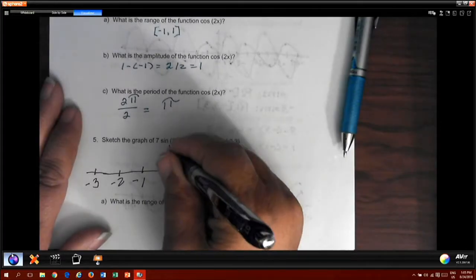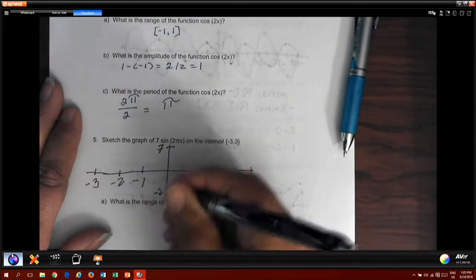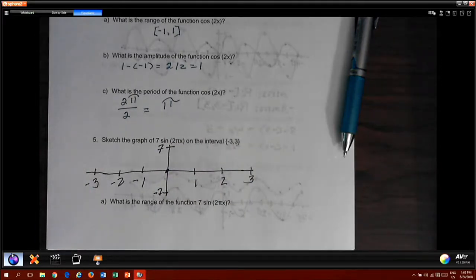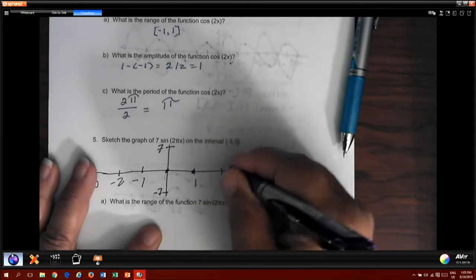So it's 0. Okay, we're going up to 7, down to -7. So it's 0, it's 0. At 1, 2 pi times 1 is 2 pi, so it's 0.